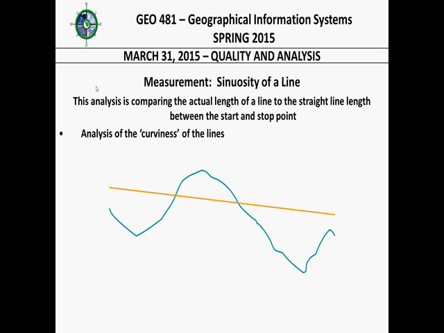So what is the difference between the straight distance from a point to a point and the actual distance along the line? It's a ratio. So obviously the higher the ratio, the curvier the line. If it's 1 to 1, it's a straight road. And we'll think of this as a road. If it's 2 to 1, the road is traveled twice as far to get only half the distance, so it's pretty curvy.